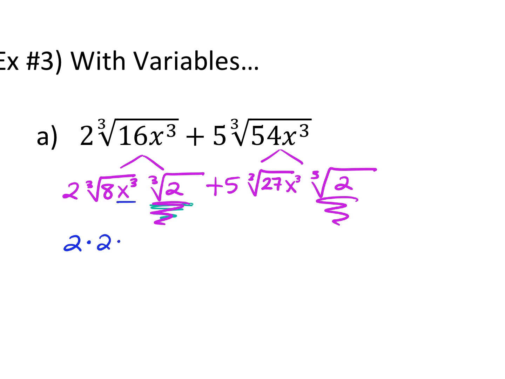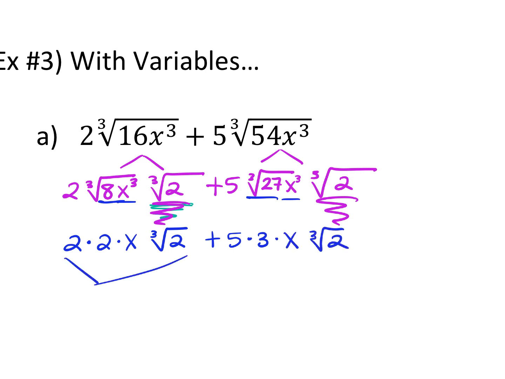What does that become? The cube root of x cubed. Just x, right? Well, yes, the whole thing is 2x times the cube root of 2 plus 5. What's the cube root of 27? 3. Times 3. What's the cube root of x cubed? X times the cube root of 2.